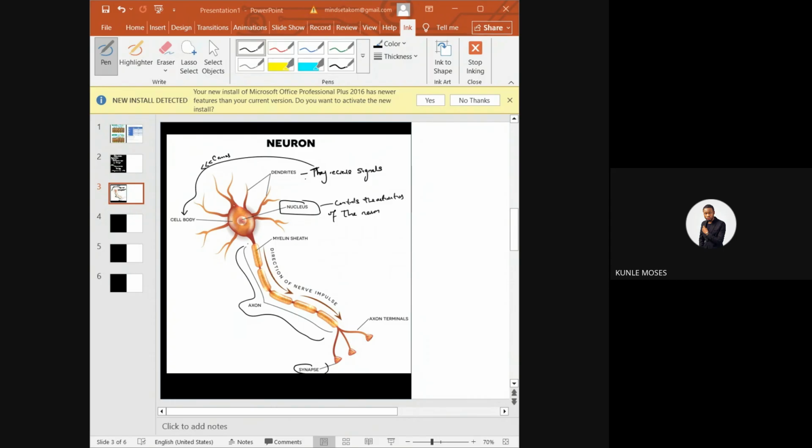Let us just write the parts. They said a neuron has three main parts. Number one, dendrite.